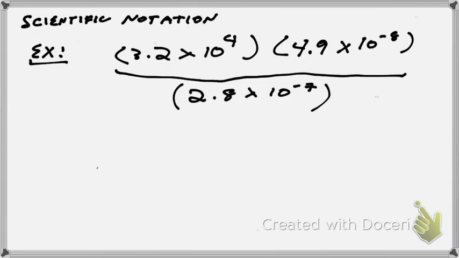Alright, so how would we solve this? The very first thing we have to know is we always do the top operation first. So let's go ahead and solve this.